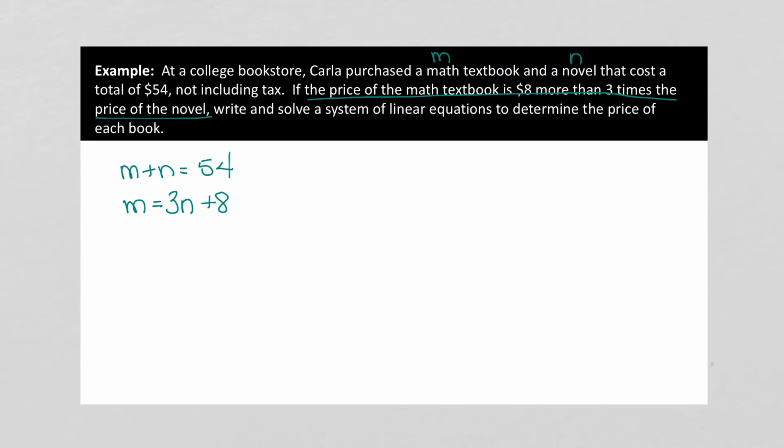And now we can just use substitution in this situation and plug in. So I'm just going to plug in 3n plus 8 for m here. And 3n plus n is 4n.